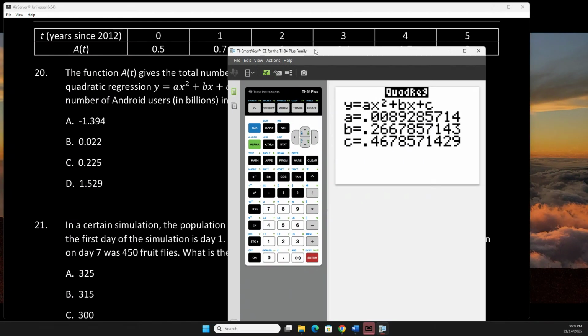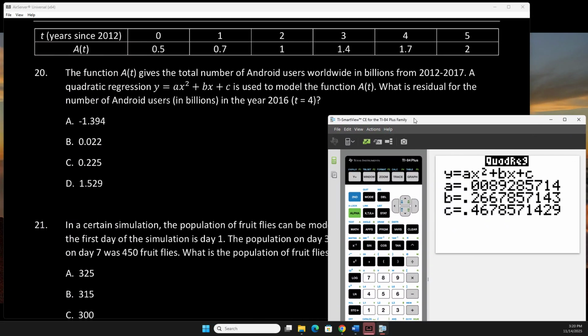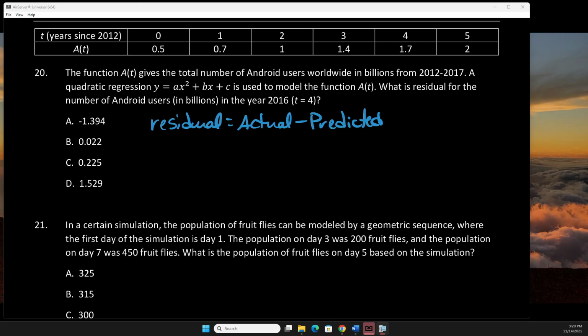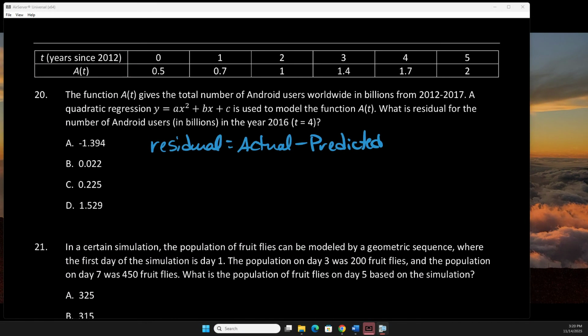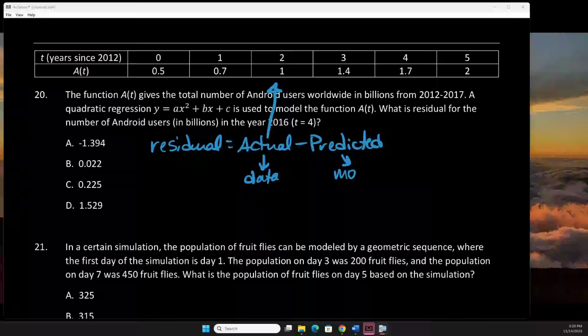Just another reminder that you're going to have to remember that the residual equals the actual minus the predicted. Now, I keep saying that, and some people know that, but then they can't remember what the actual is. The actual is the data. That's the table. The predicted comes from the model that we just got, the regression model.